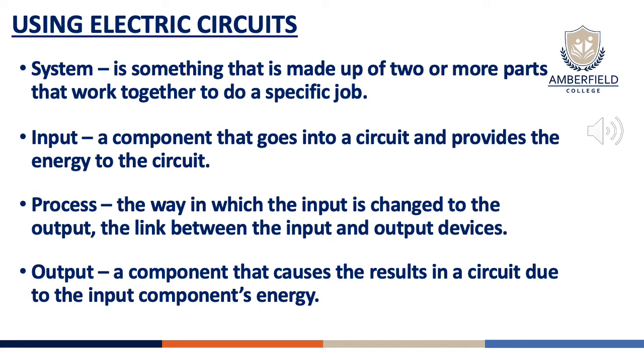So let's say our input is a battery. The process is the battery transferring the energy through the circuit and a light bulb. The output would be light energy. So the input, our electrical energy, the process going through the circuit, and the output would be providing us with light energy.